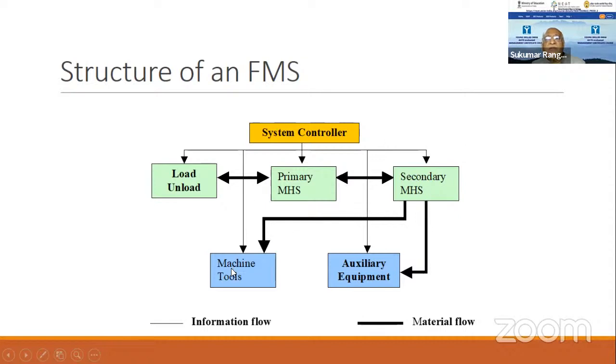Then the machine tools, which are automatically put in and taken out. And auxiliary equipment like pneumatic gas, water, cooling fluids, all that. From the system controller, the thin lines are the information flow, the thick lines are the material flow, and then the finished part comes out.